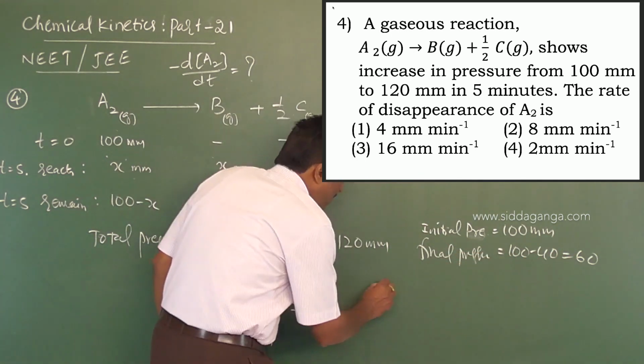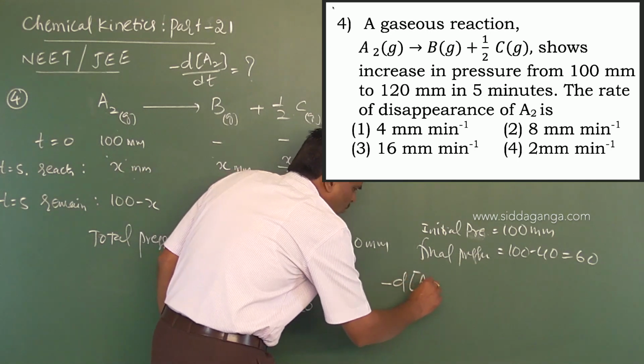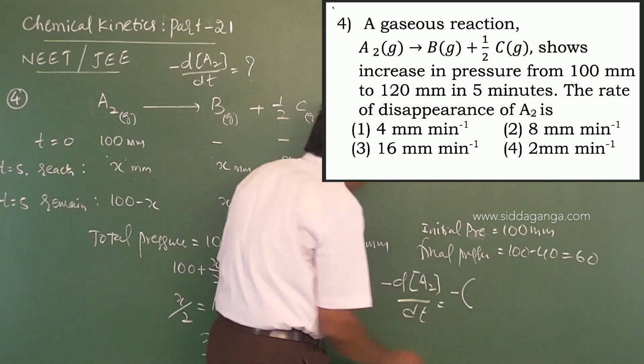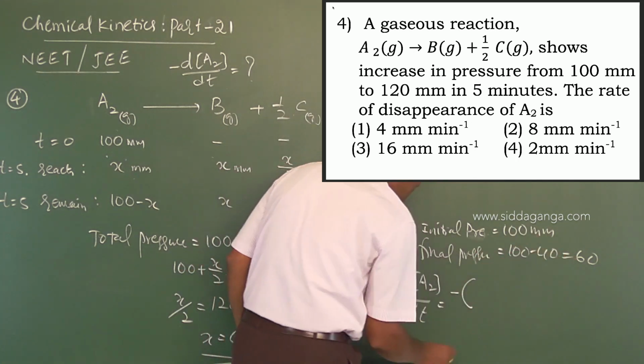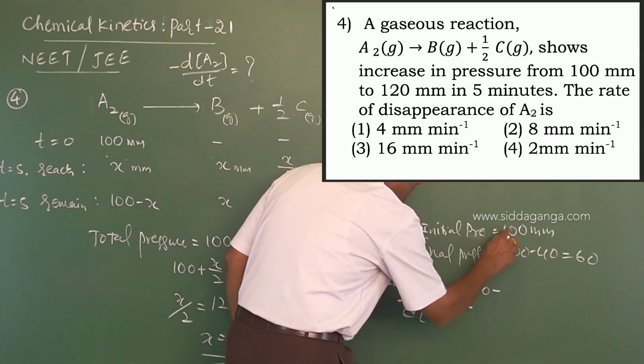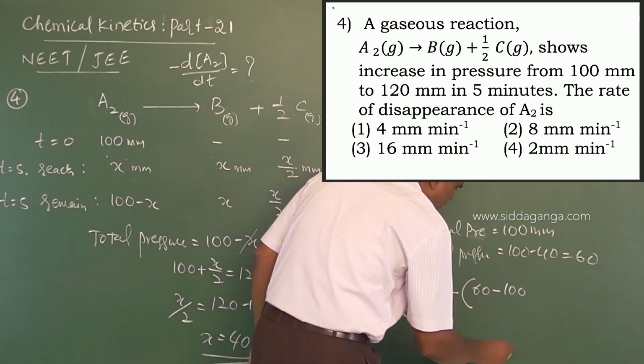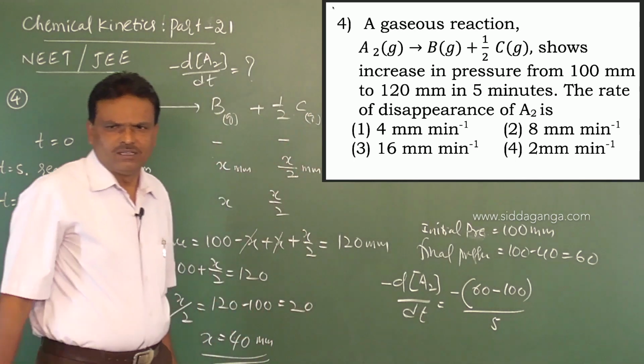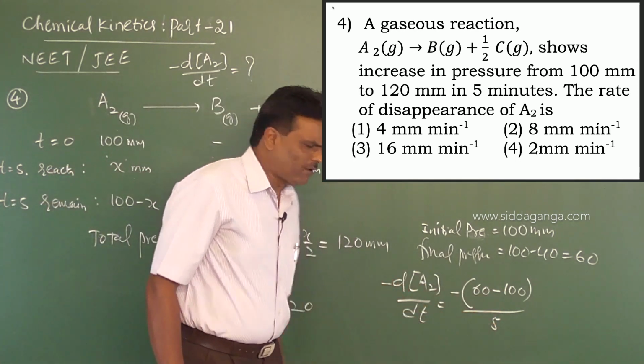Then, minus dA2 by dt is equal to minus of the final pressure 60 minus 100, divided by 5.